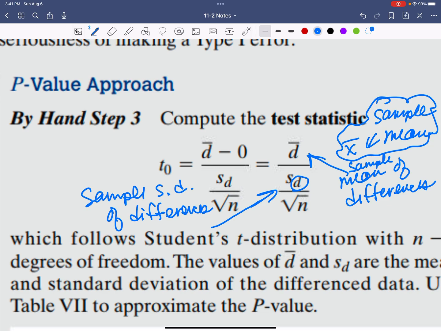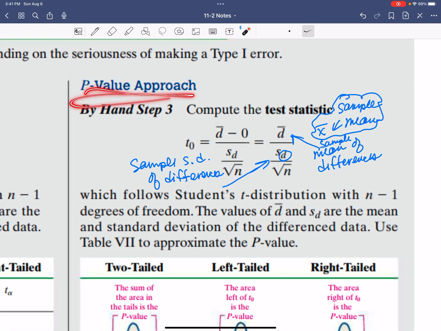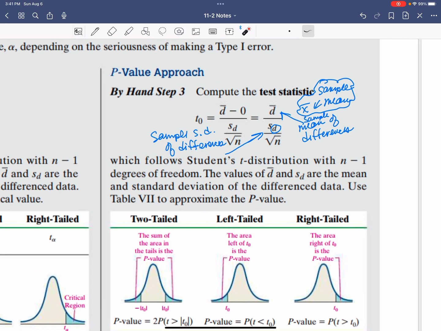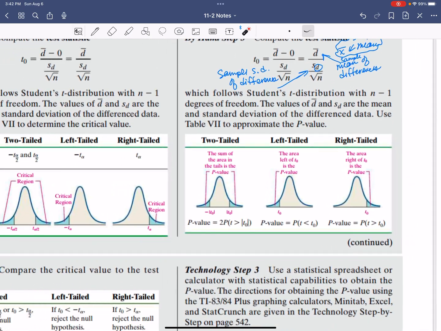We already know that notation. The difference here is that we are talking about the differences. It's still the p-value approach, and I just want to keep nailing that into you.